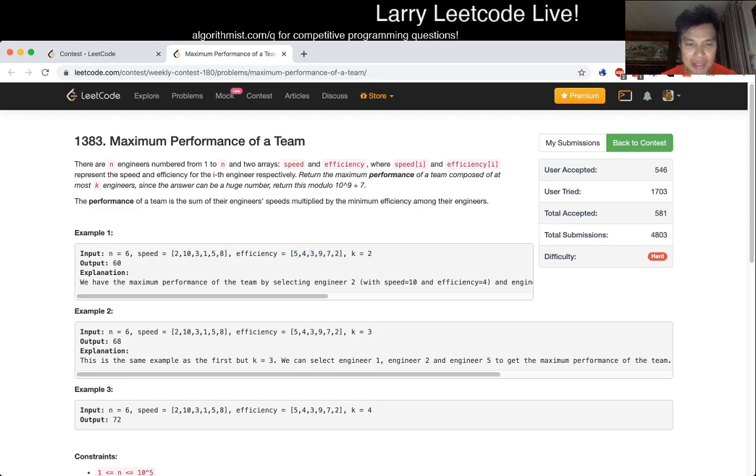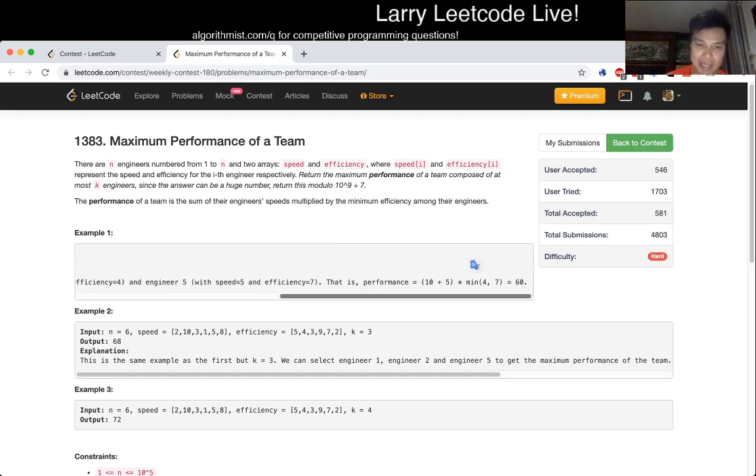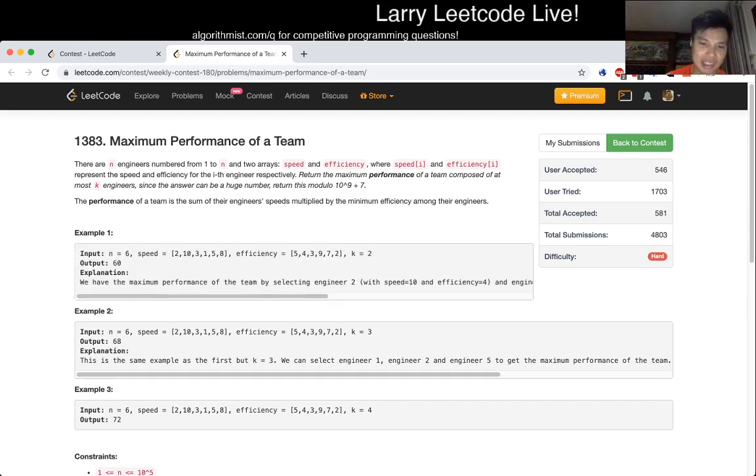So that's why I sort by efficiency going from highest to lowest, because that means everything that you processed already has an efficiency bigger than your current cursor, let's say 5. So then you could just multiply by 5, because that would be your current min. It doesn't matter what the other efficiencies are because they're bigger than 5, and 5 is the only one that we care about.